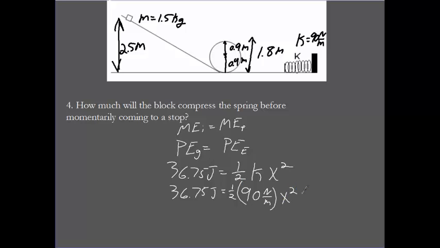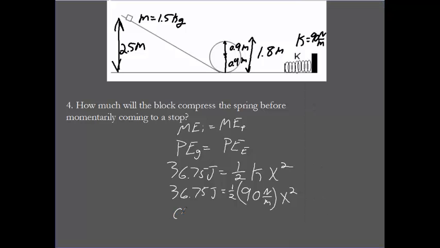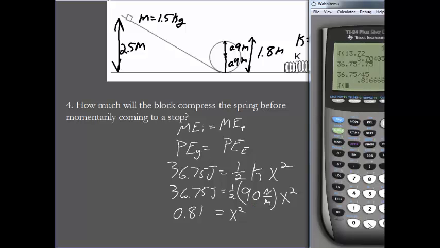Looks very familiar. Bring out Fuzzy Bunny. 36.75 divided by half of 90, that's 0.81. Okay, yeah, that's reasonable. 0.81 equals x squared. If you're paying attention, you know that I wouldn't have let you say 0.81 joules. Anyway, square root of 0.81, 0.9.